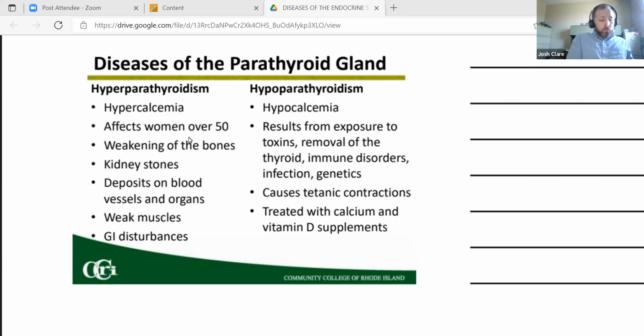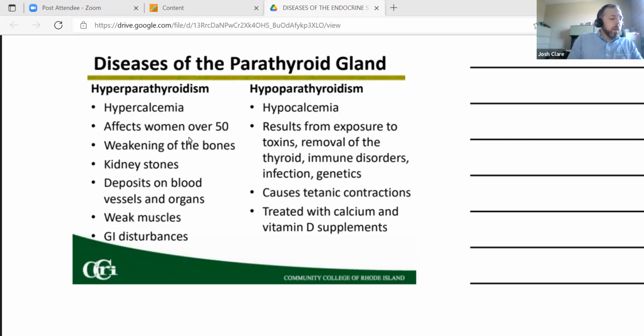Hypoparathyroidism, decrease of the parathormone. It's caused by damage to the glands or exposures to toxins, immune disorders, infection, and could run in families. Also removal of the thyroid could cause it as well. Results in hypocalcemia, which is the calcium is not absorbed by the kidneys and small intestines.